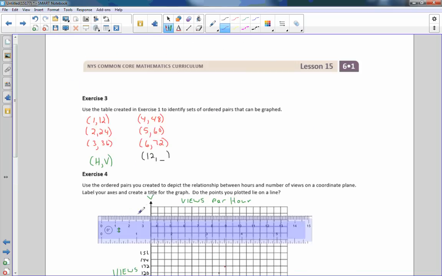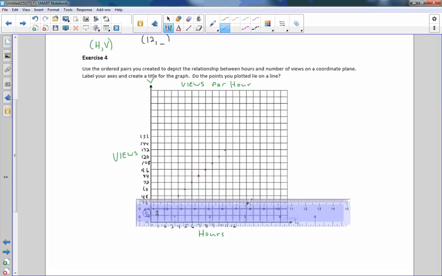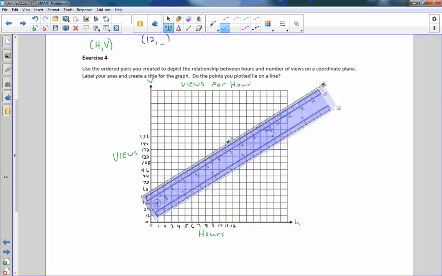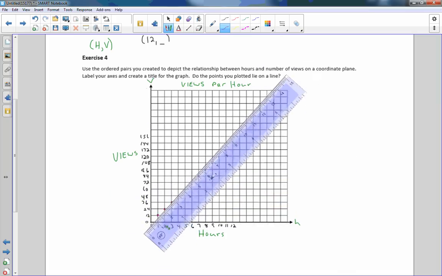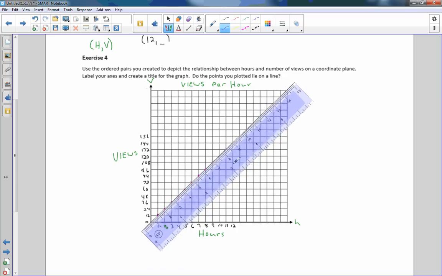Okay, and I'm going to draw a nice straight line. Anytime you draw a graph, you should always use a ruler for a straight line. Okay, do not just try to draw it freehand. It will never be as straight as it could be. Okay, so right about there.